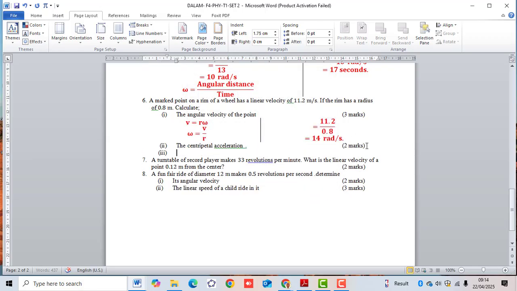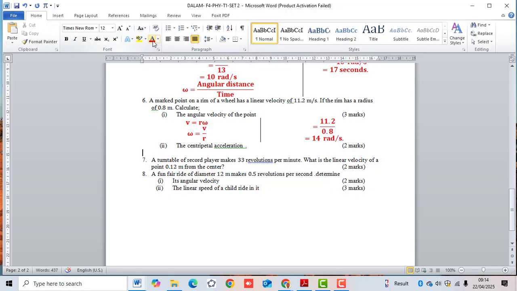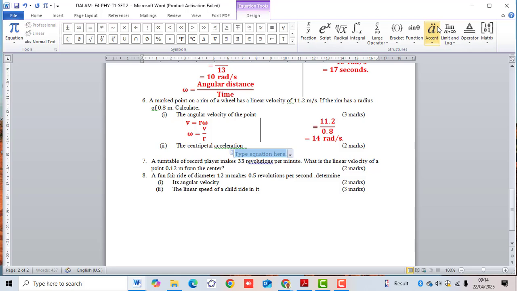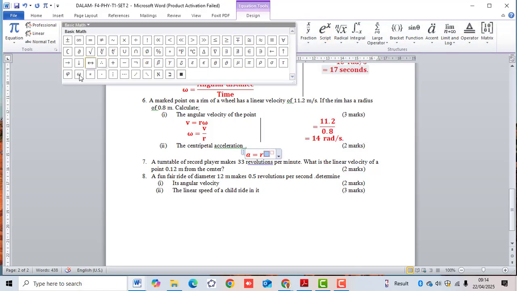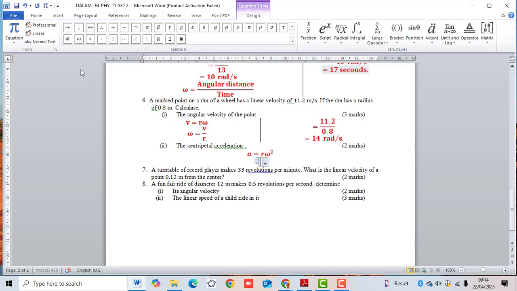Next, they ask us to get what's called the centripetal acceleration. Centripetal acceleration, we say that A is equal to r omega squared. That is how we get the centripetal acceleration. So now I substitute.